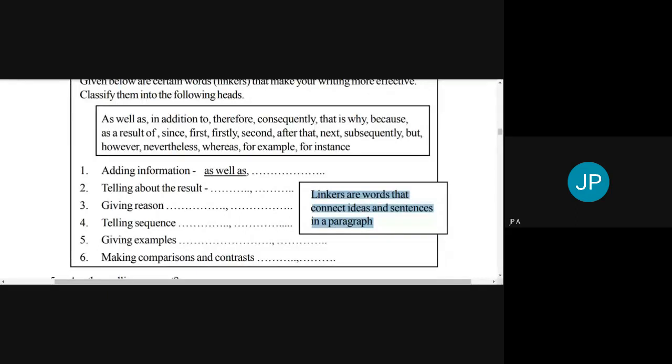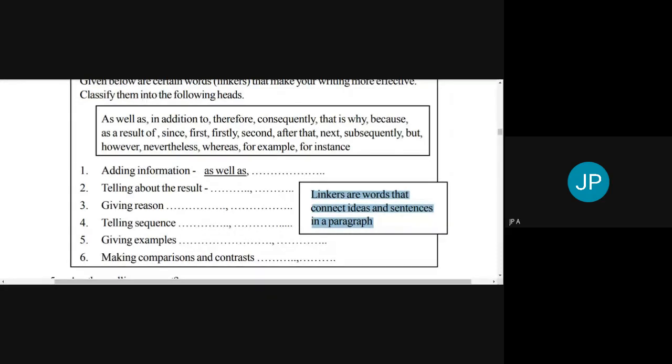Exactly, to connect two sentences, to connect two ideas. Sometimes it may be two sentences, sometimes it may be within the sentence itself. Yes, that is correct. So it may not be always between two different sentences. It can be even within a sentence.